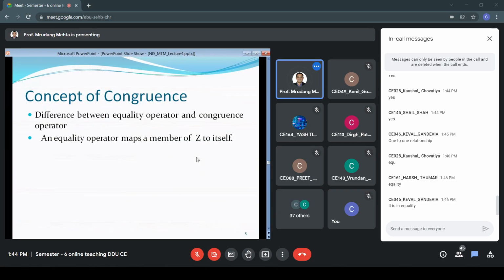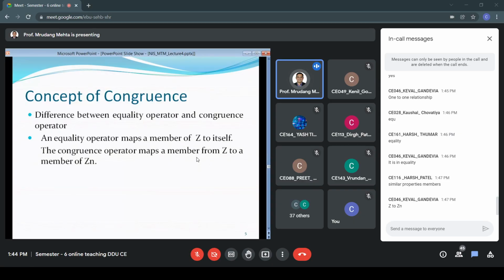It maps which member to which member? Z to Zn. Right. So that is the answer. So the congruence operator maps a member from Z to a member of Zn.